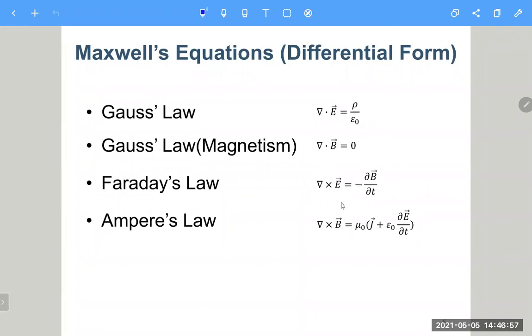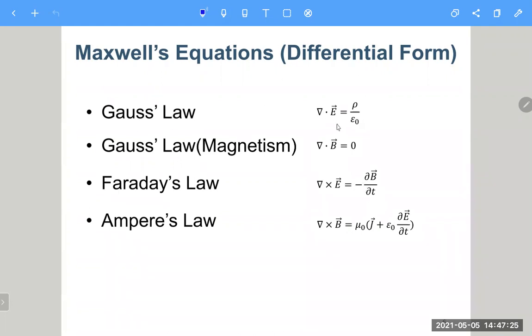And this is called the curl. The curl of E is the negative partial derivative of the magnetic field. And also the curl of B is mu naught multiplied by the current density plus epsilon naught times the partial derivative of the electric field.